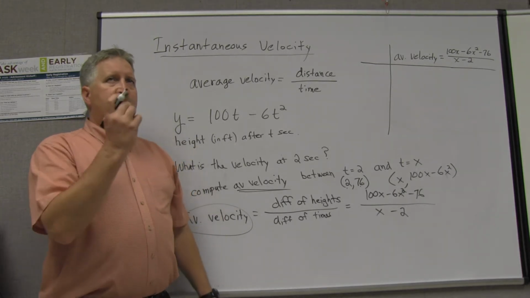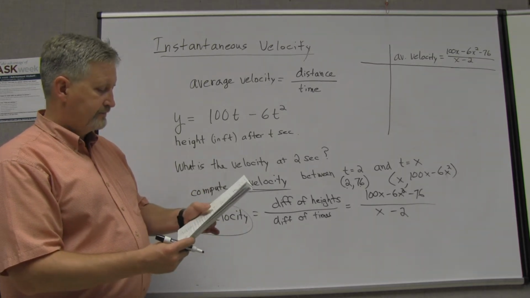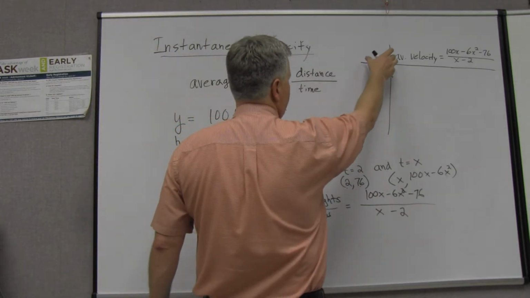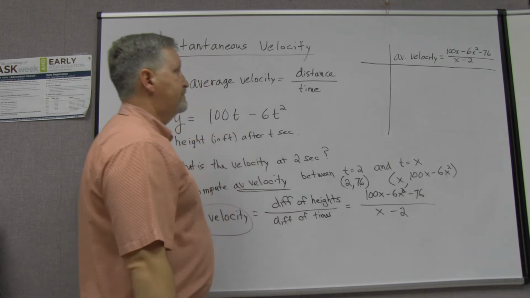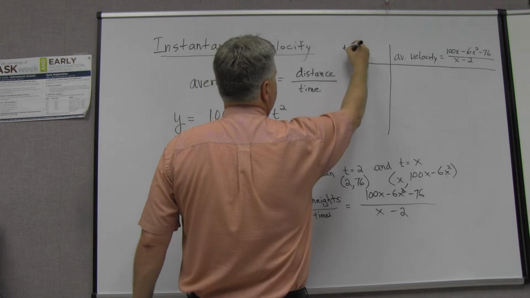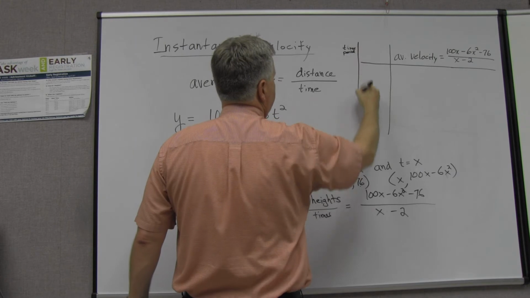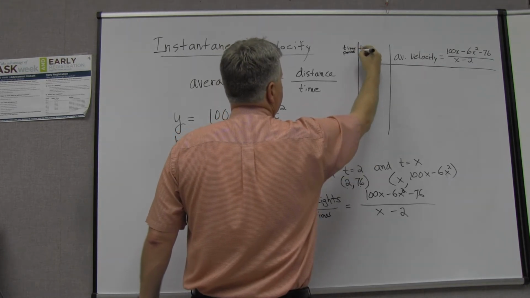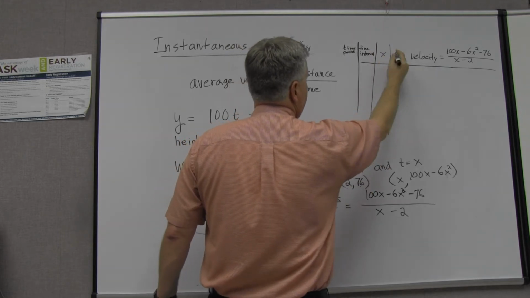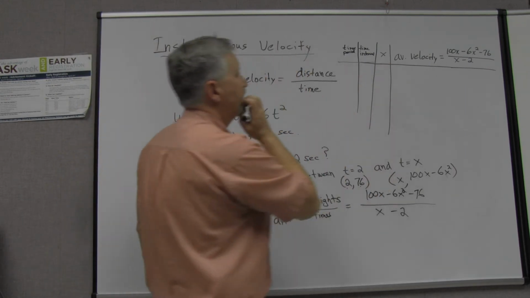Now, one thing they do differently on this in the book anyway, is they list it a couple of different ways, so they don't necessarily give you the x value. They'll either give you a time period or a time interval. And so you have to figure out from what they give you what the x value is.